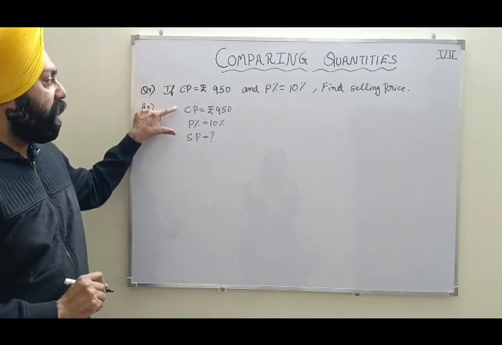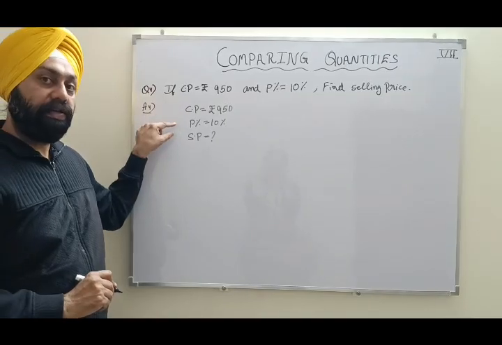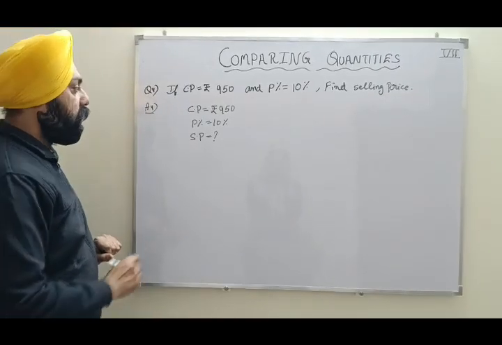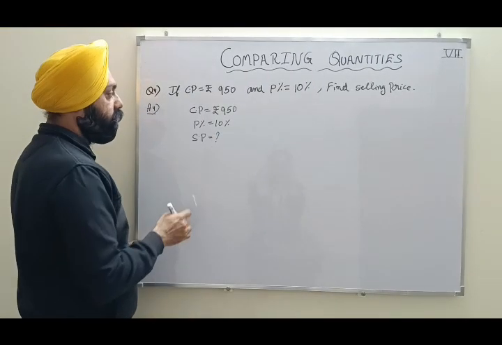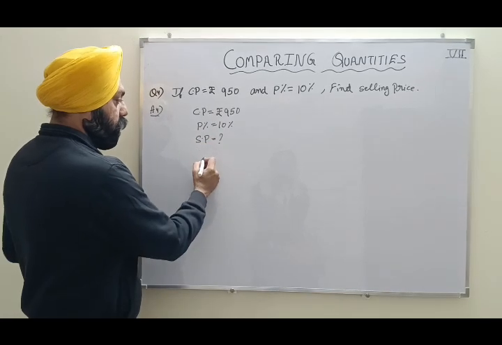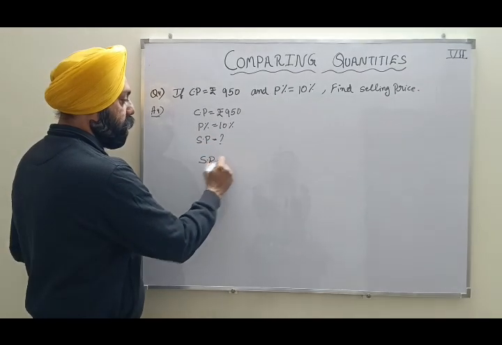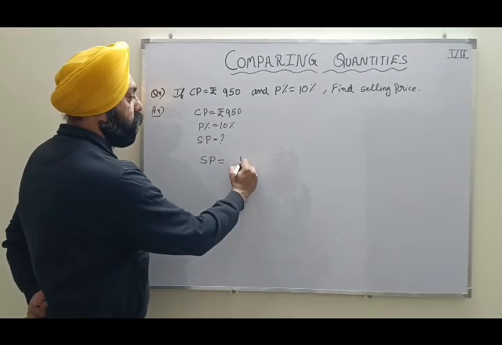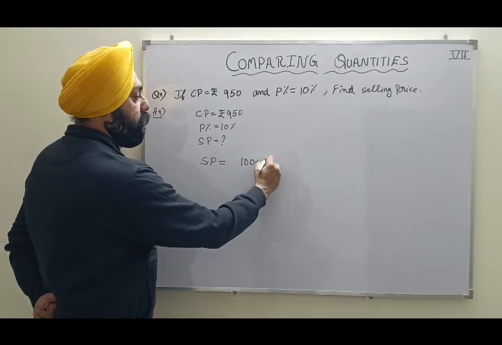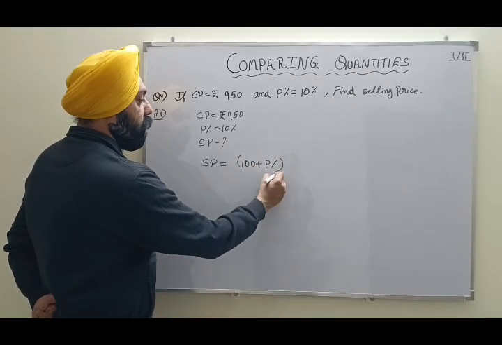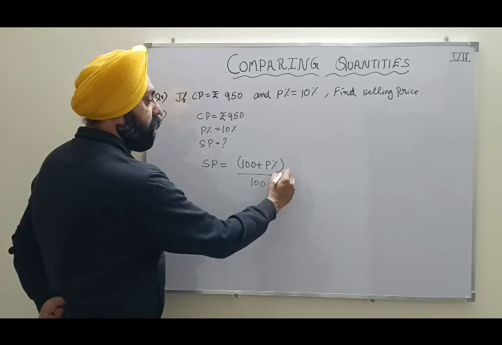Again, we have one formula which connects selling price, cost price and profit percent. I'm sure that you must have learned those formulas till now. So we can use that formula. SP is equals to 100 plus profit percent divided by 100 into CP.